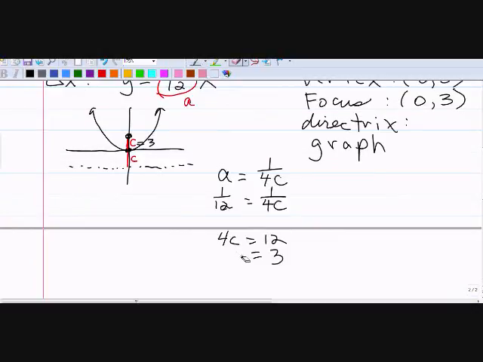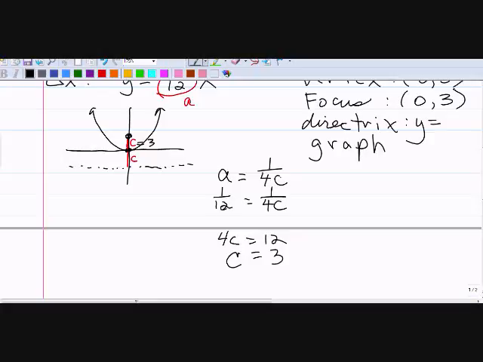Sorry, that does look funky down there. Grab my eraser. Okay. The directrix is, in this case, going to be a horizontal line, so it's going to be a y equals. And that directrix line is also 3 but on the other side of the vertex.